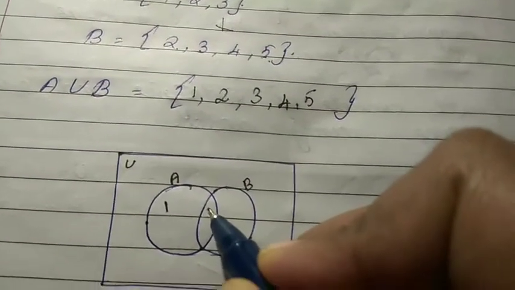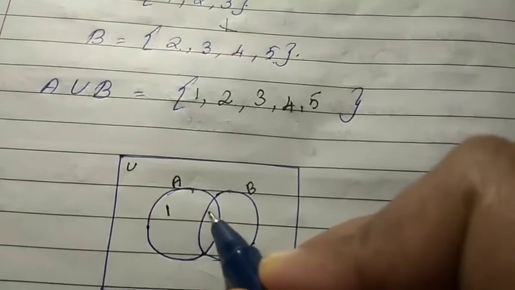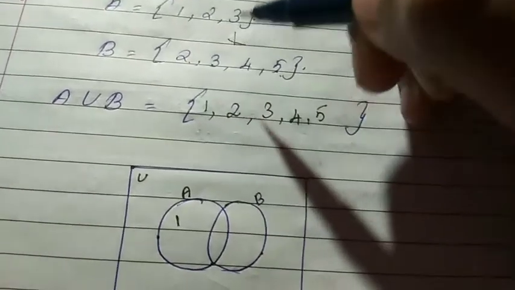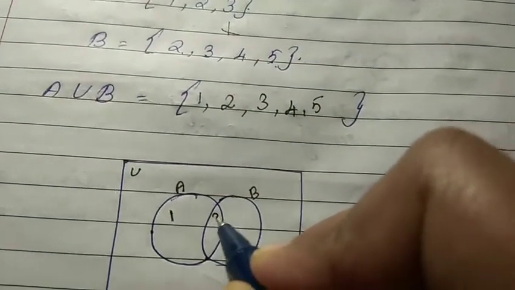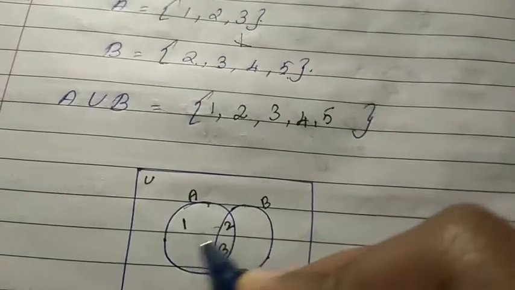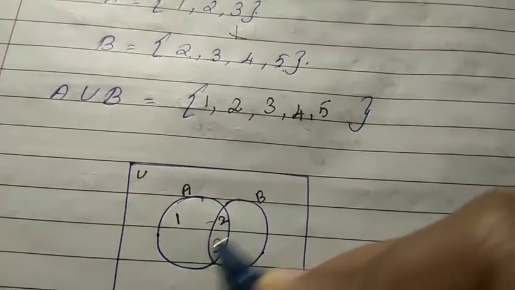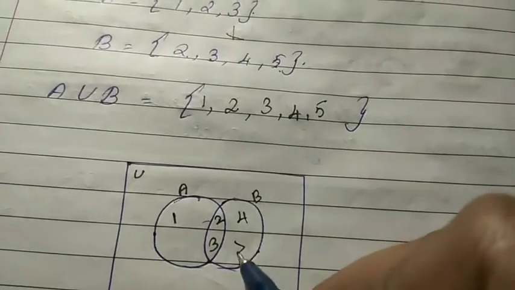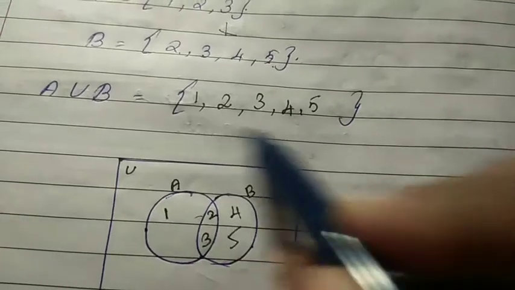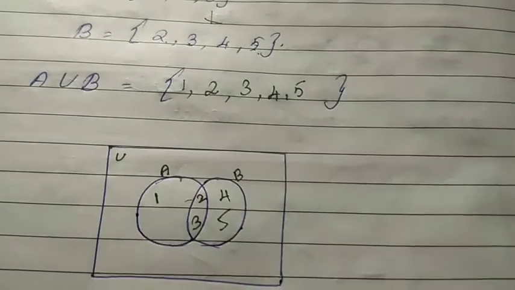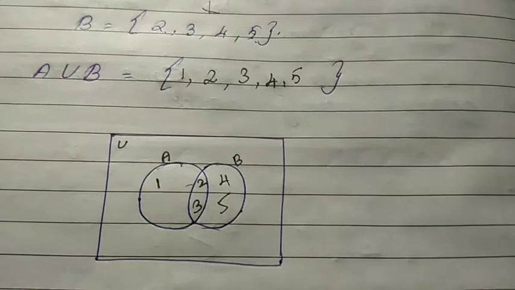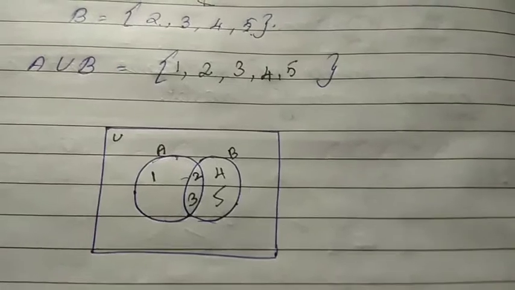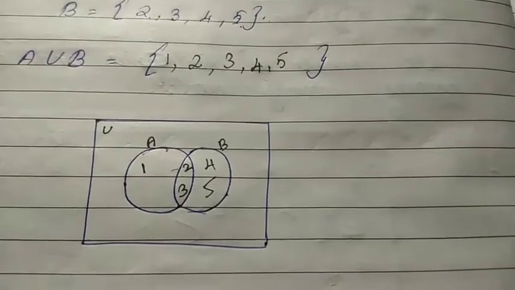In the previous topic I told you why I write it there: intersection means both having common elements, so I will be writing 2 and 3 over here, so that I do not repeat the given elements. 4 and 5 are here. Since I don't have a universal set given, I'm just leaving it like that. I just taught you to draw the Venn diagram, I didn't go deep into it. Now we will see how to represent it.